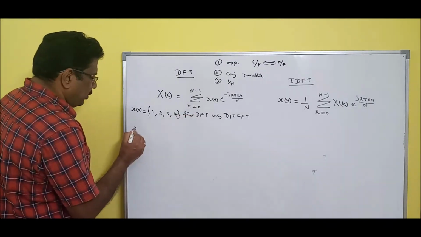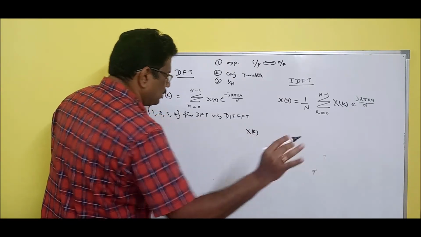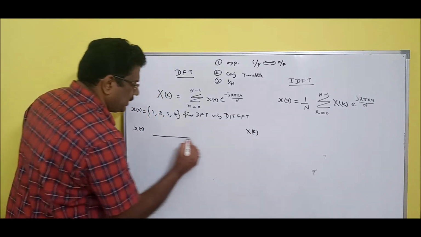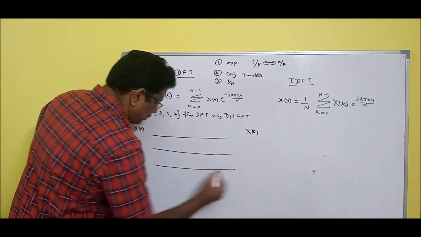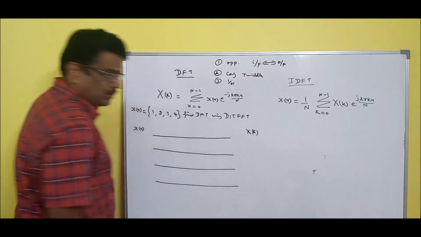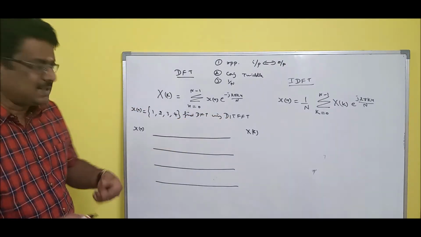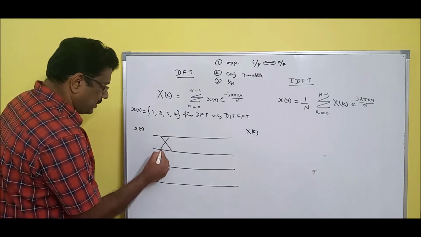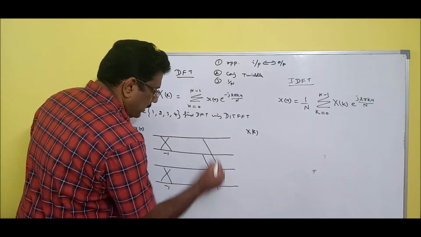DFT means input is x of n, output is x of k. Since it is 4 point, let me start with 4 point. DIT means it starts at 2 point. So let me start here with 2 point, so then it should be 4 point.